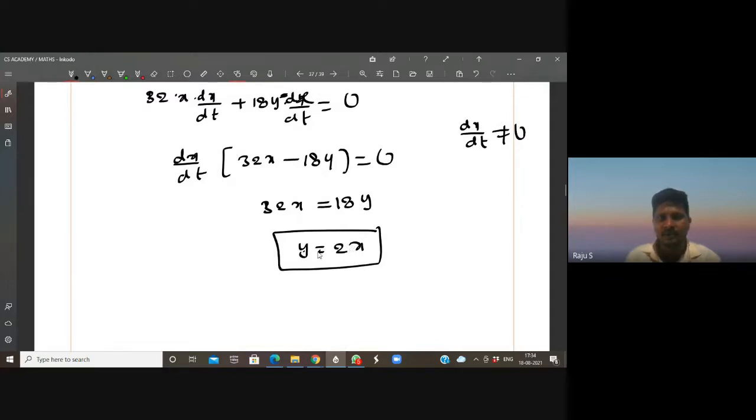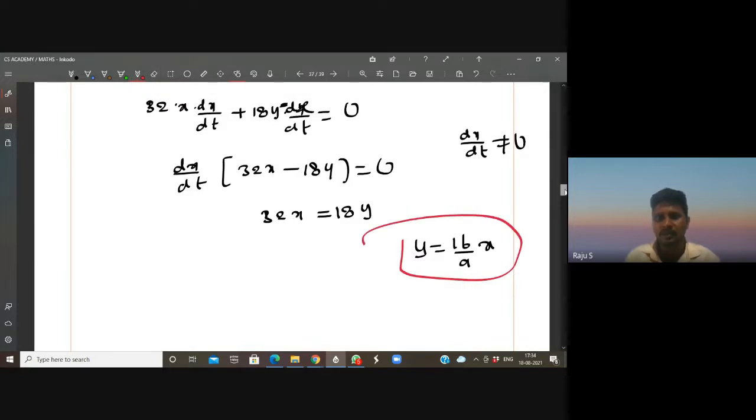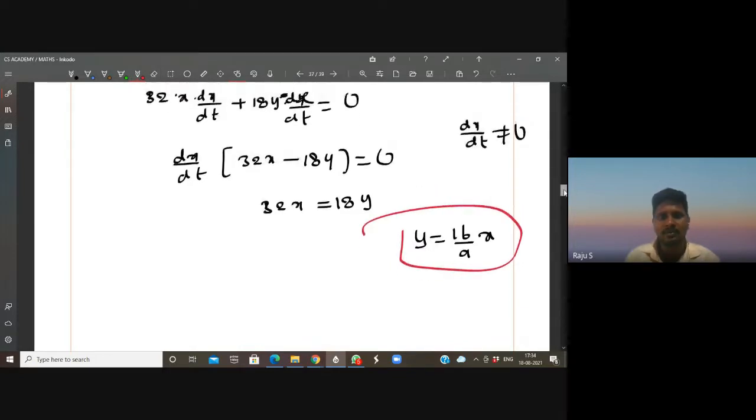Y is equal to how much? Y is equal to 16 by 9 into x. See, if we make this kind of mistake, we won't get the answer. Okay, y is equal to 16 by 9 into x.